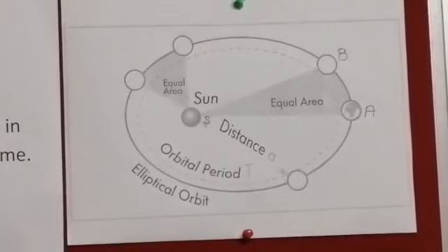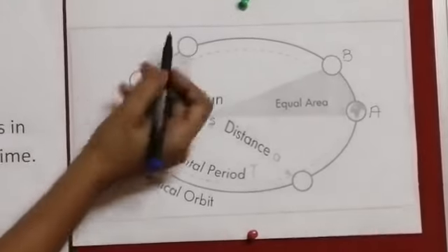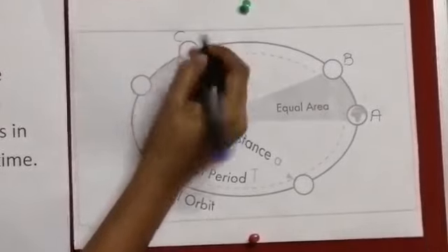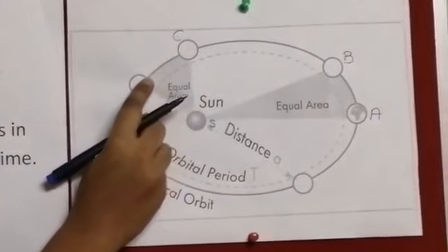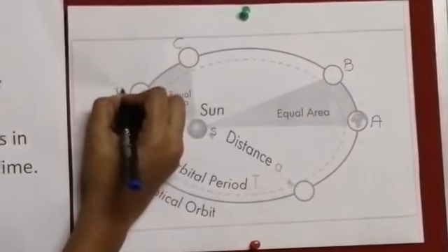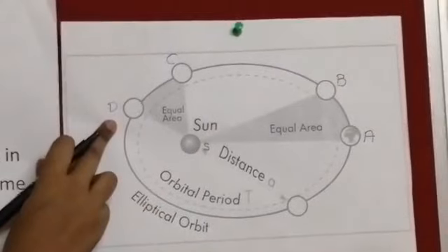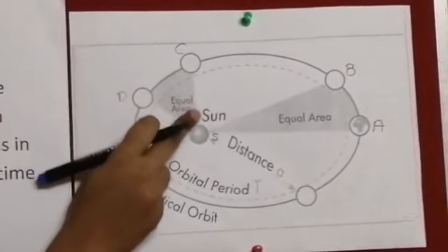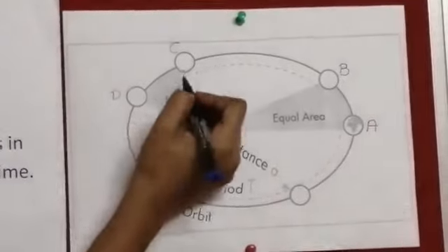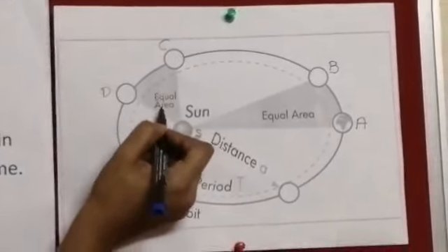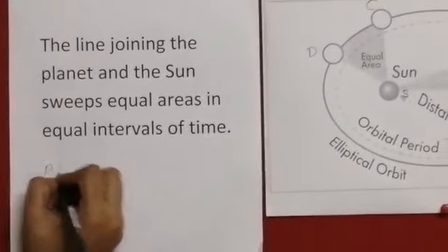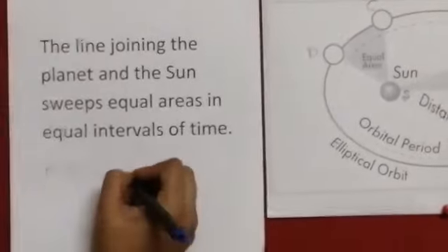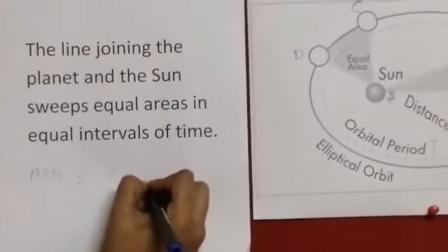Now we will take some other point which covers the same interval of time. Here I will take another point, consider point C. Imagine your planet is at point C. Again after 10 minutes it will travel a certain distance and reach point D. Here also you can see it has covered a certain area, CSD.